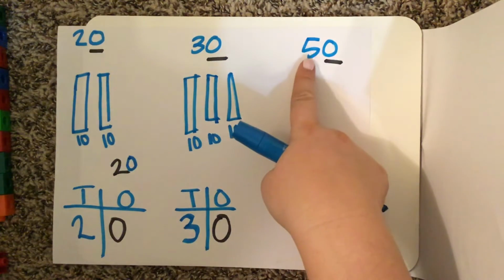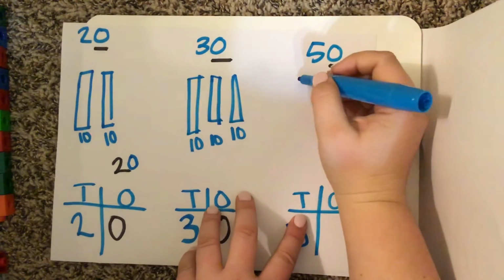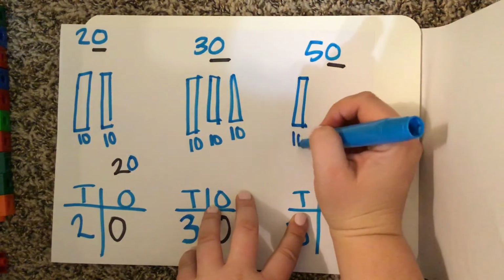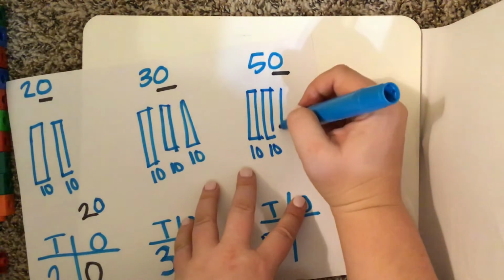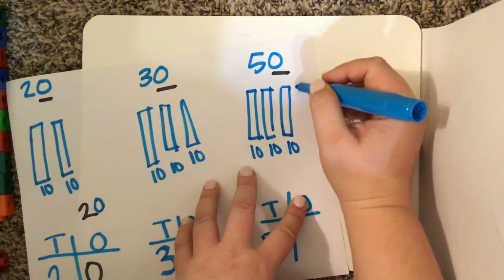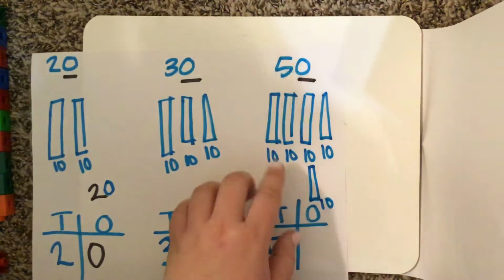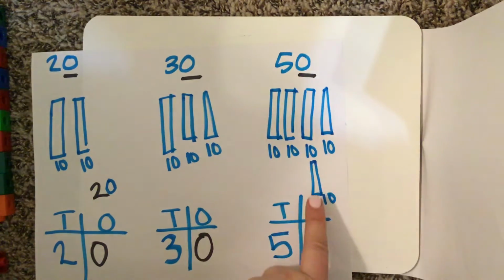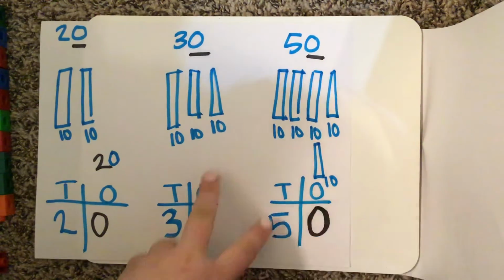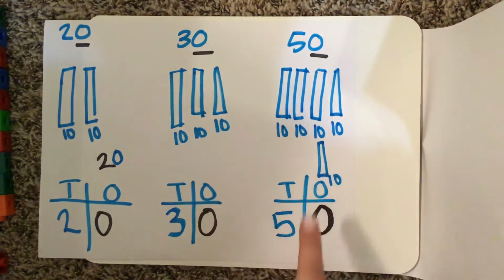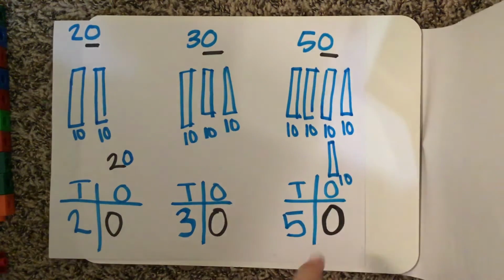So if I have 5 in my tens place, I'm going to put a 5 and I'm going to draw 5 bundles of 10. 1, 2, 3, 4, 5, 10, 20, 30, 40, 50. But I cannot forget that 0 in my ones place. So I've got 10, 20, 30, 40, 50 represented by 5 tens, 1, 2, 3, 4, 5, and 0 ones.